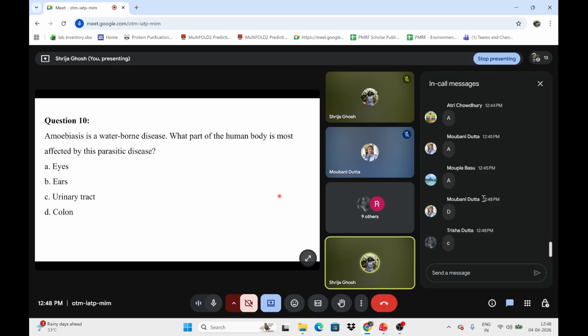I have only two answers in the chat box. What about others? One answer is option D, one answer is option C. Others also answer.